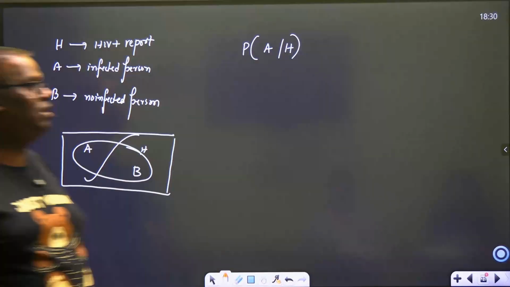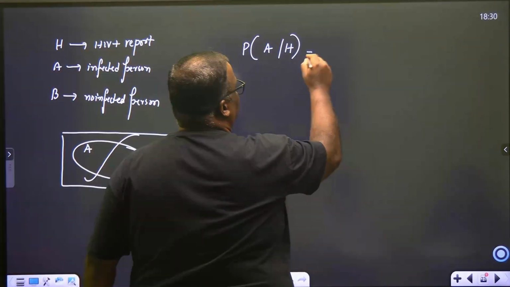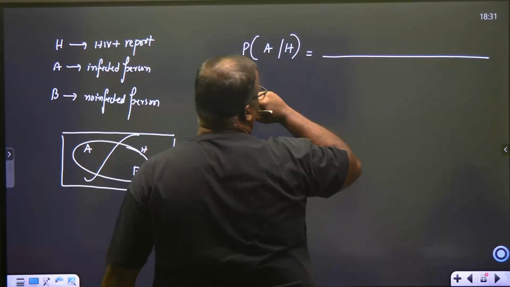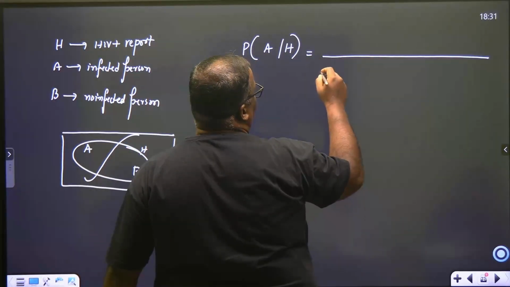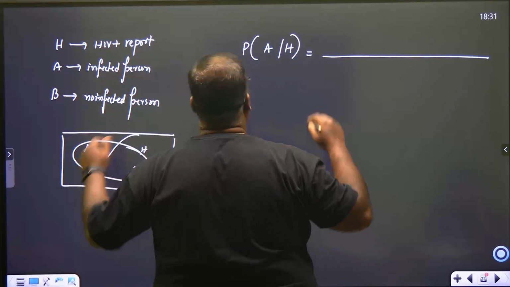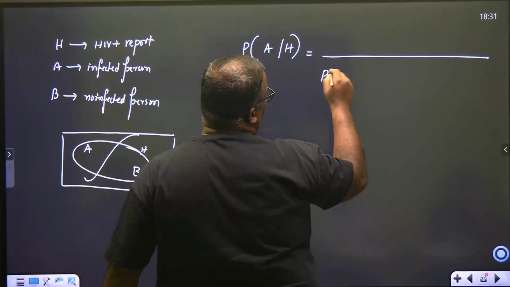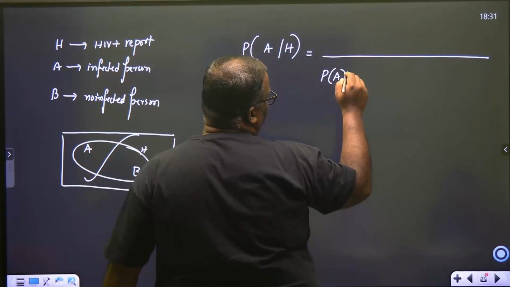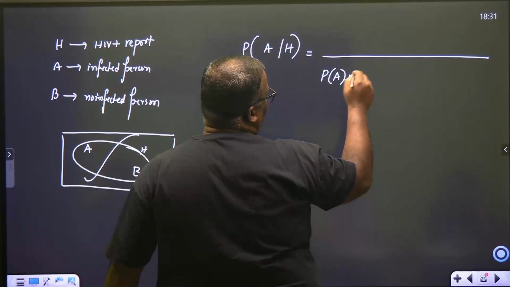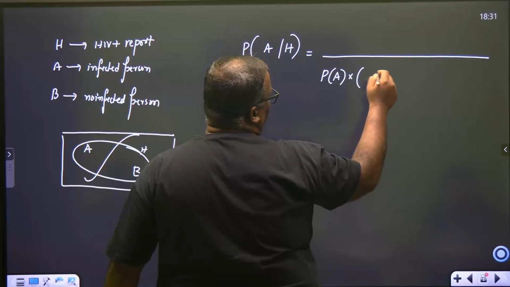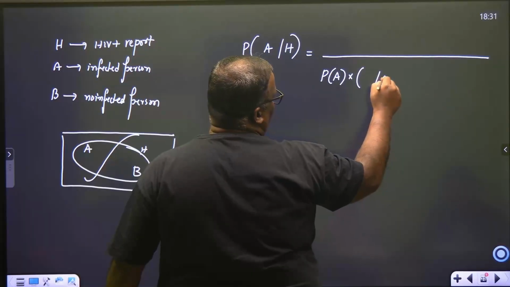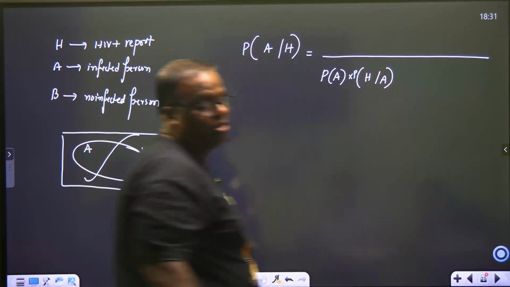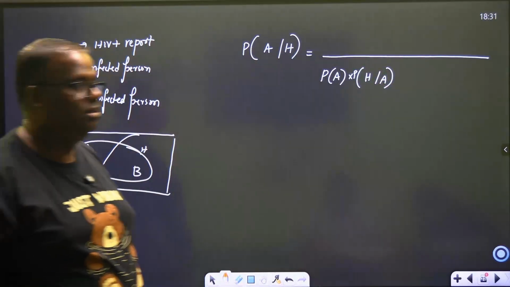Conditional probability as per Bayes theorem. Come, write Bayes, write the lower portion. What has to happen for this to occur? H is the event. For event H to happen, you should first pick up an infected person, yes or no? And now that you have actually picked up an infected person, what is the probability of getting an HIV positive report? Agreed?